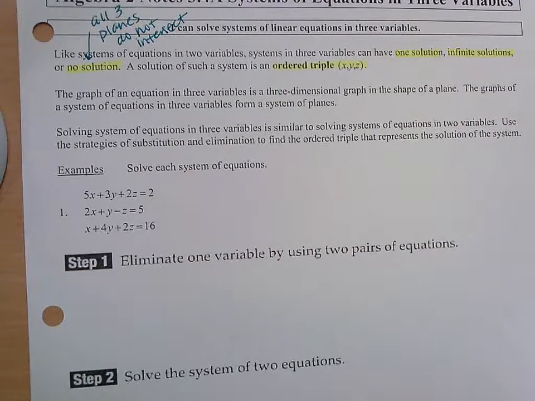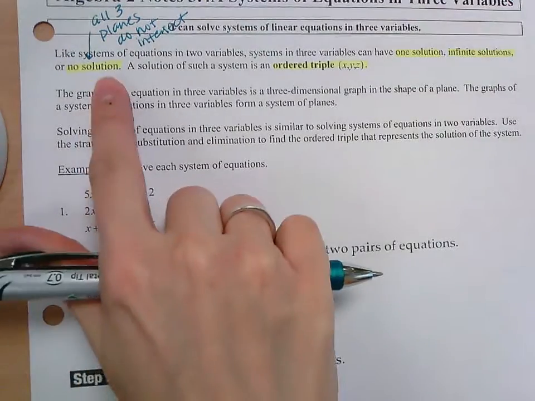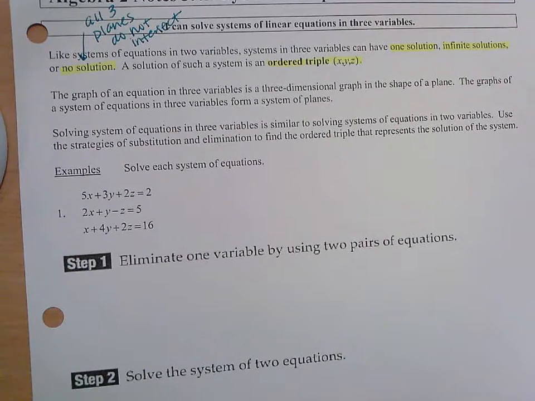It could still be that two of the three planes intersect each other, but all three do not. Or two of the planes are parallel to each other, because at least two of the planes would not intersect. Or it could be that maybe all three are parallel, so none of them intersect each other. You might still have an intersection, but it's not with all three.